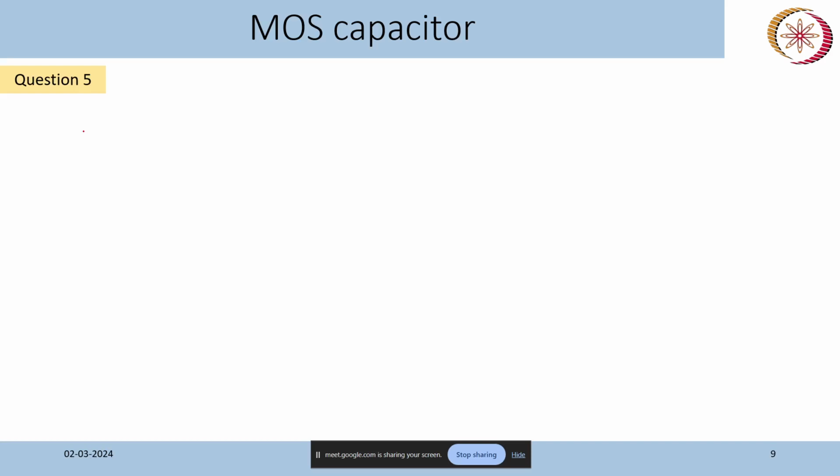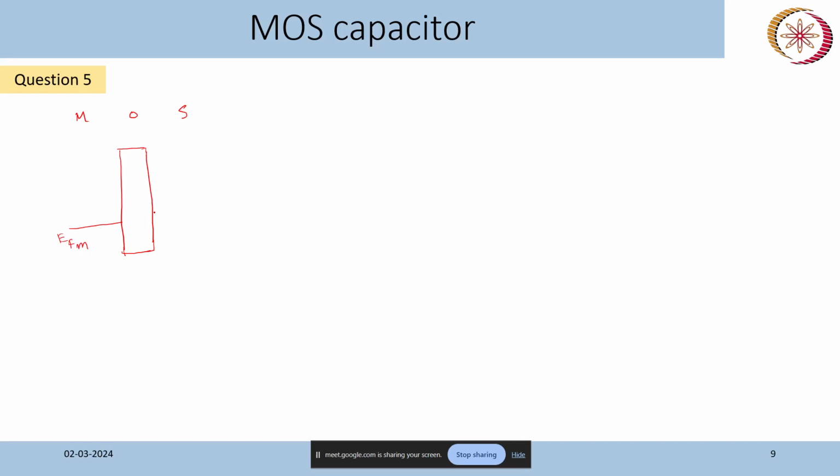Let's draw the band diagram for a MOS capacitor: metal, oxide, semiconductor. I am drawing first when these three layers are not connected. The band gap for the oxide is very large, which is what I am indicating by this gap. Metal is characterized by the Fermi level in the band diagram.